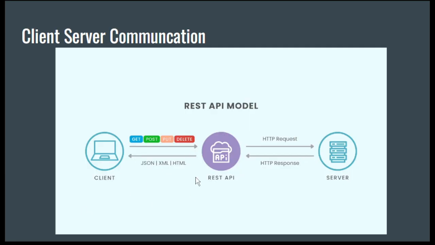So the request then goes to the REST API, which acts like the messenger, like the waiter at a restaurant, right? These four are like your menu. This is your waiter. The waiter then sends that request to the kitchen, to the server, right?